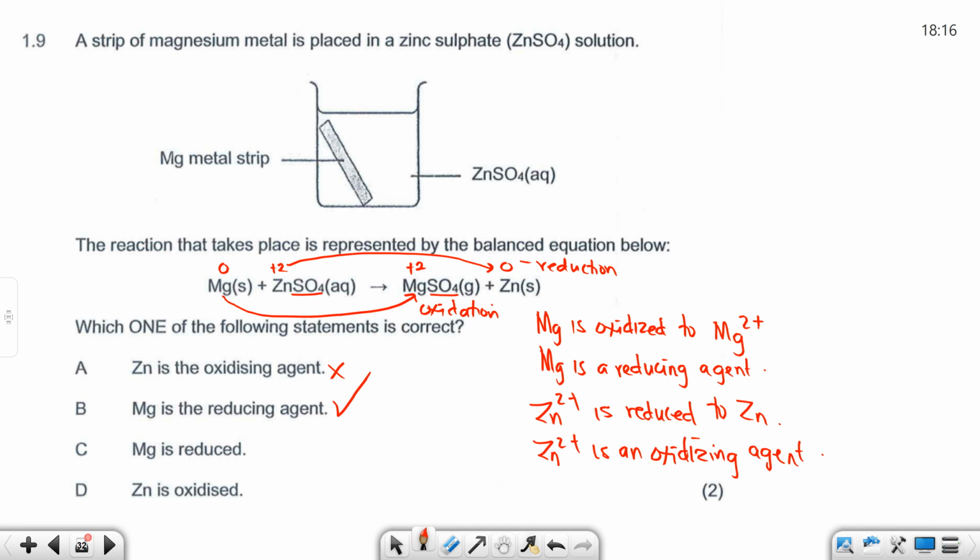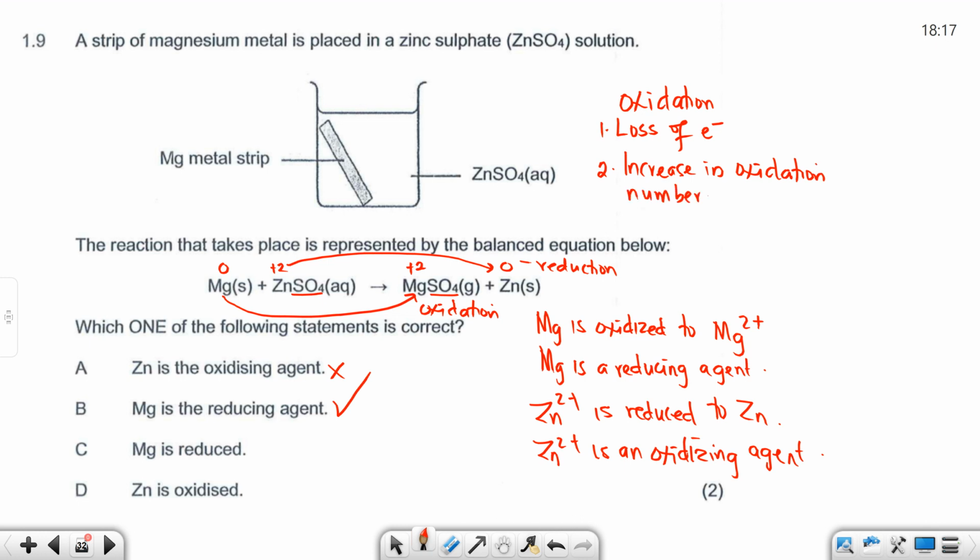Use oxidation numbers. An increase in oxidation number is oxidation. Let's quickly do that definition here. Oxidation. There are two definitions. Number one, loss of electrons. And number two, increase in oxidation number.